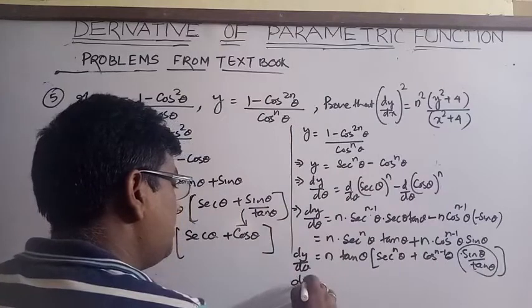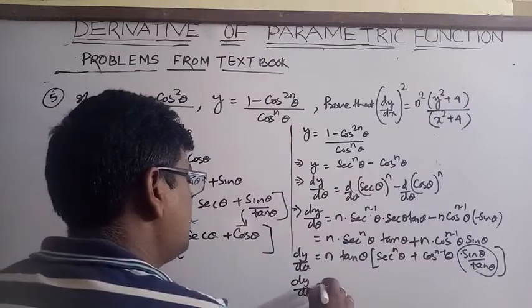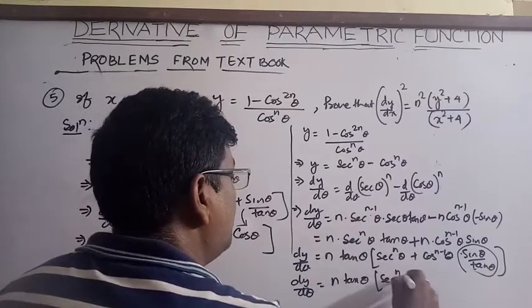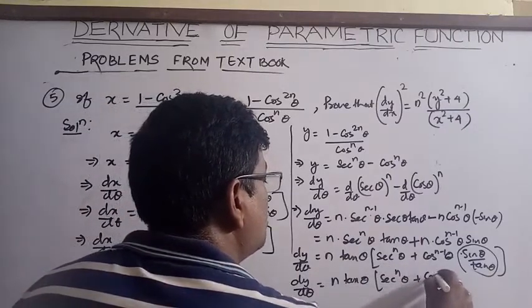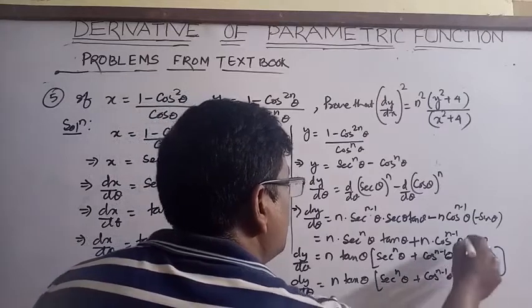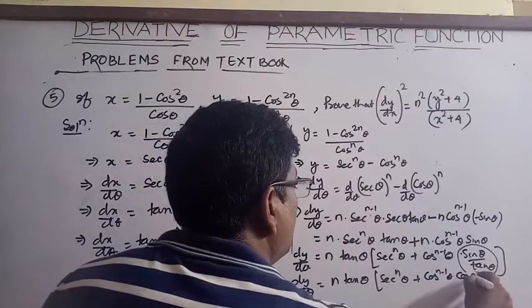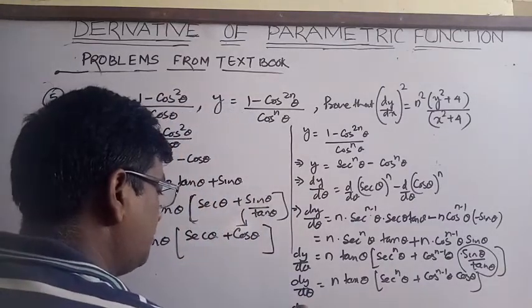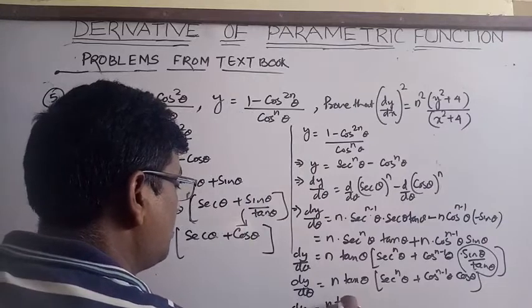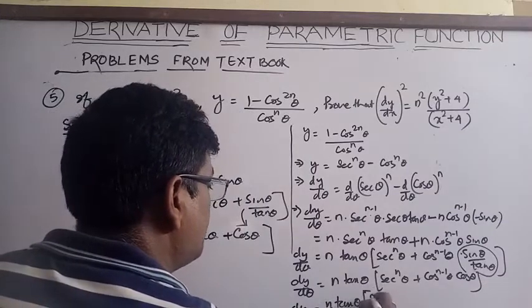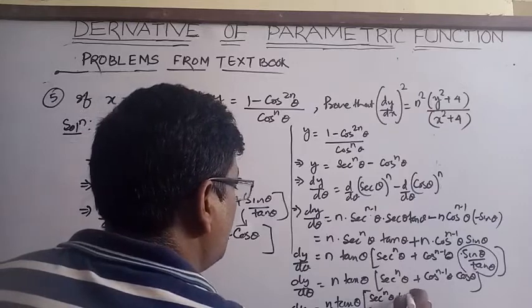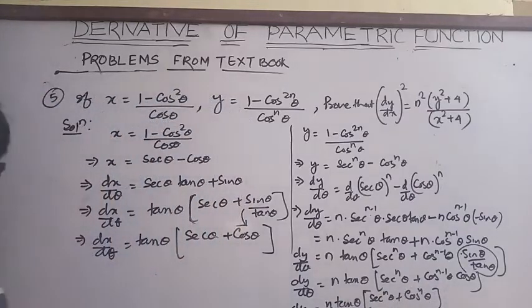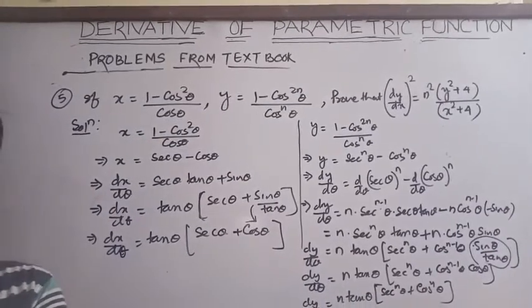So dy by d theta is equal to n tan theta into (sec n theta plus cos n theta). This is dy by d theta.